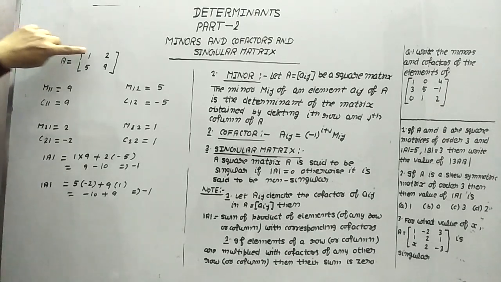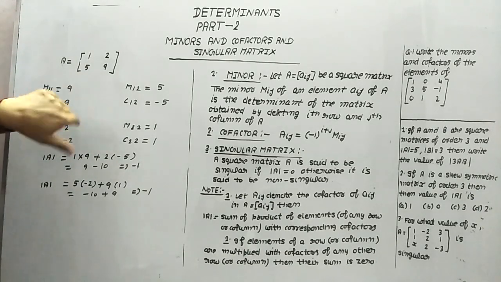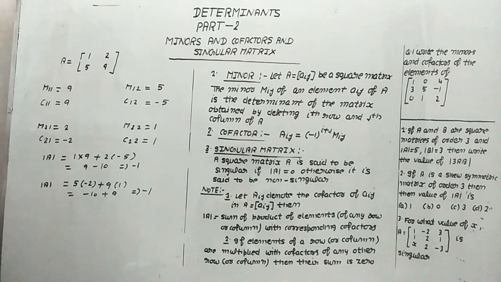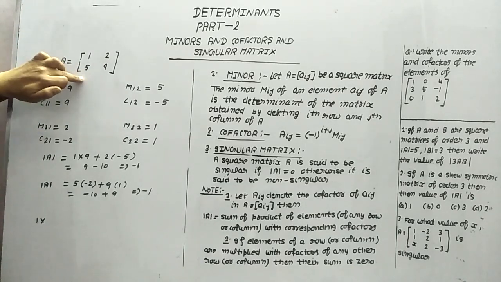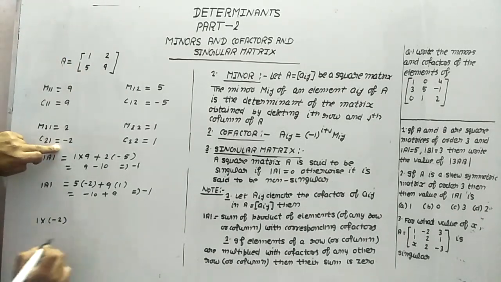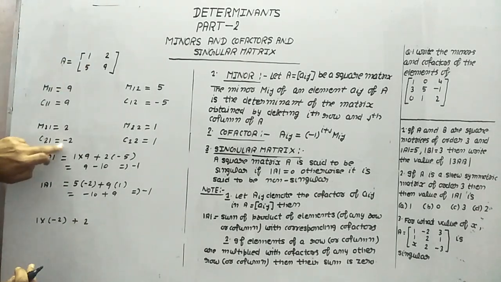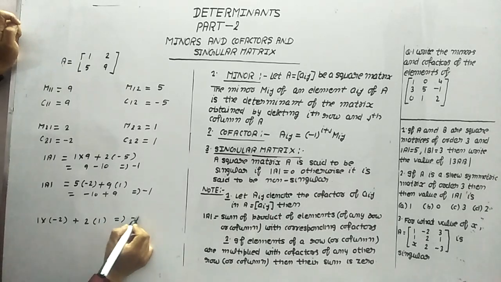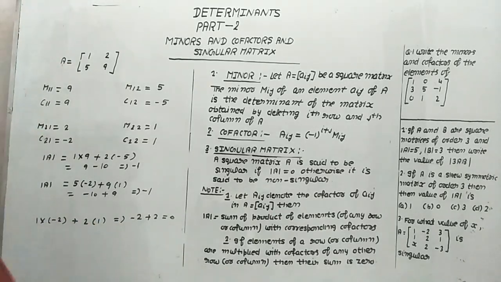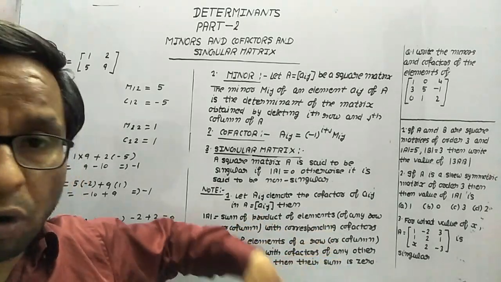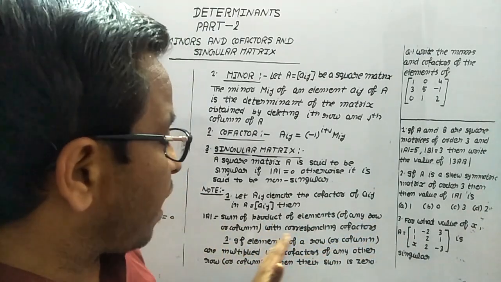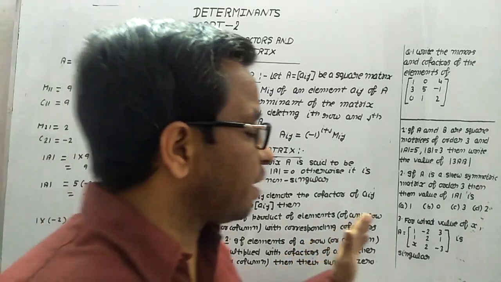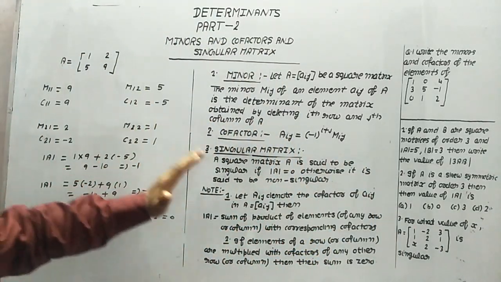Suppose we have this first row, but we multiply its elements with the corresponding cofactors of the second row and add, then the result is always 0. Look at this. First row, it means 1, and what did we take from the second row? The cofactor. What is this? Minus 2 plus 2. What cofactor of the second row did we take? 1. 2 into 1. It means minus 2 plus 2. The result is 0. So this second rule says that if elements of a row or column are multiplied with cofactors of any other row or column, then their sum is 0. We can apply this in columns also.